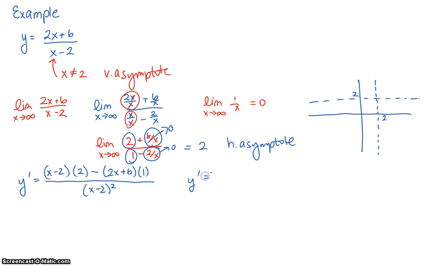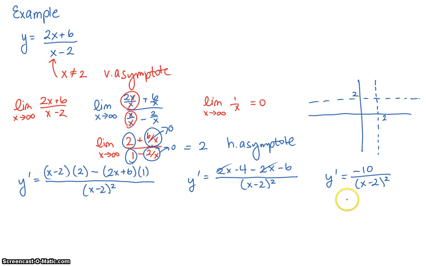When we simplify this down, we get 2x minus 4 minus 2x minus 6 all over x minus 2 all squared, which then cancels, giving us negative 10 all over x minus 2 squared.